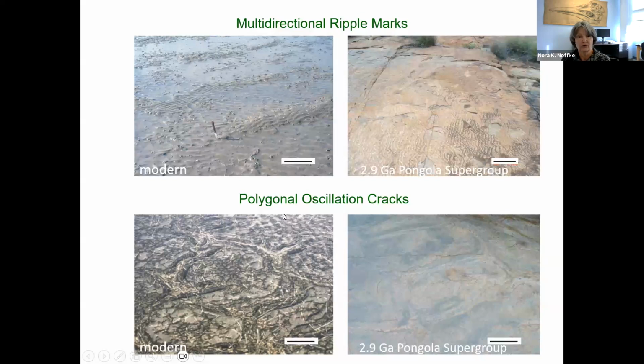Here, the lower two photos show polygonal oscillation cracks. This is a view onto a modern microbial mat in Tunisia. Those mats can become very thick, about 4 centimeters. This here is a polygon in the center. Here's another polygon, and here's another, and so forth. Those polygons are separated from each other by cracks. Within each of those cracks, a new microbial mat generation is forming, which is younger.